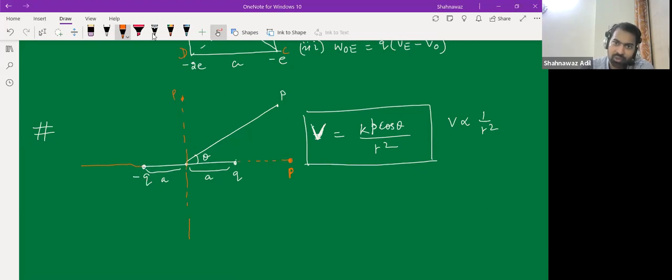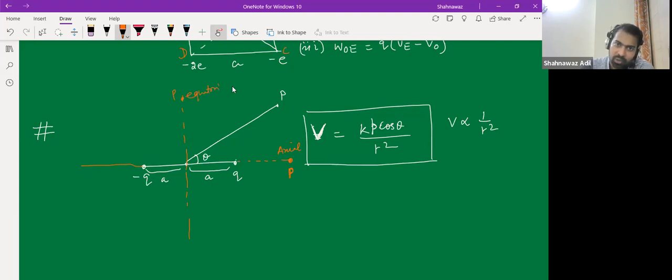Rabia got disconnected. So Aisha, you remember what is this point for this dipole? Axial point. Yes, absolutely correct. So this is the axial point and this is the equatorial point.